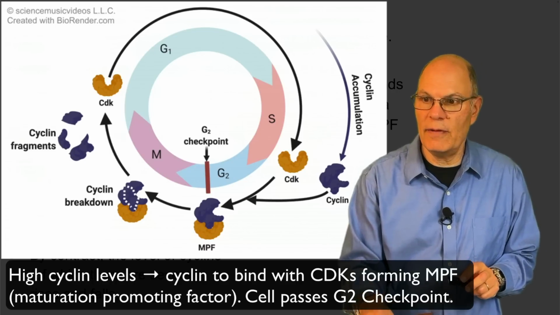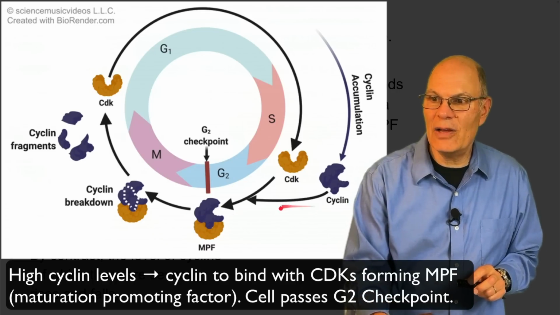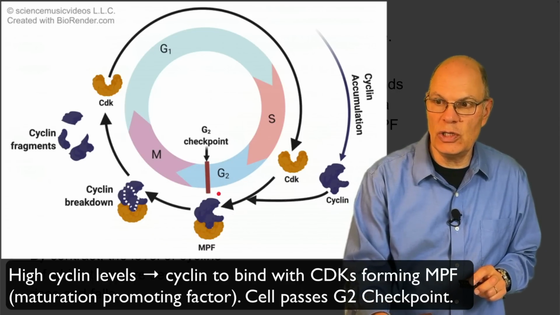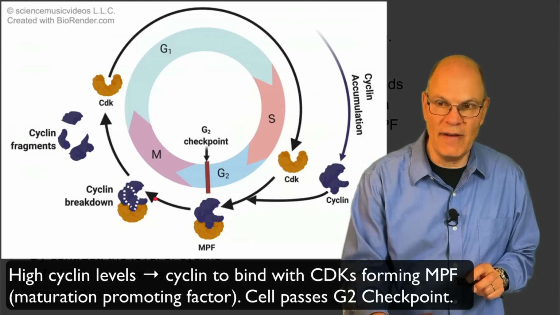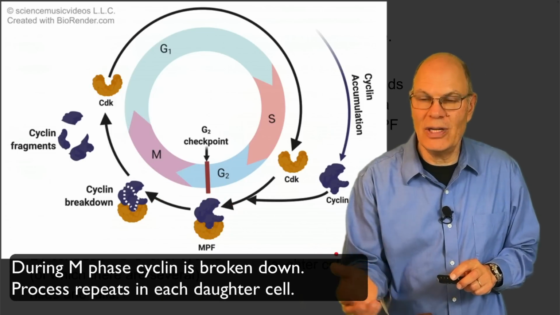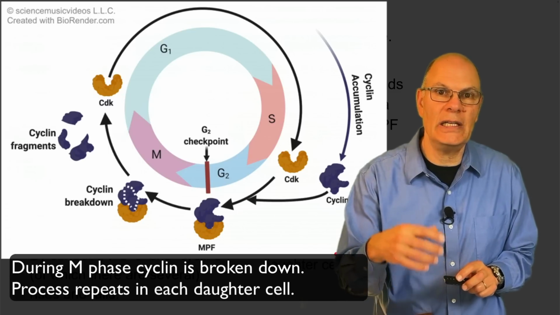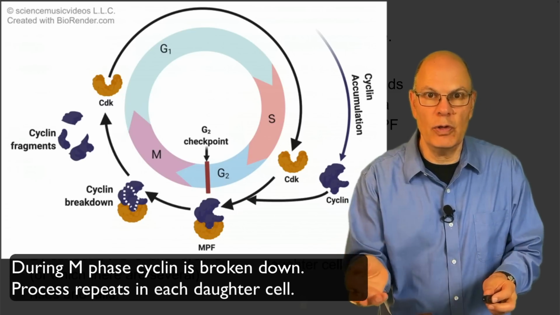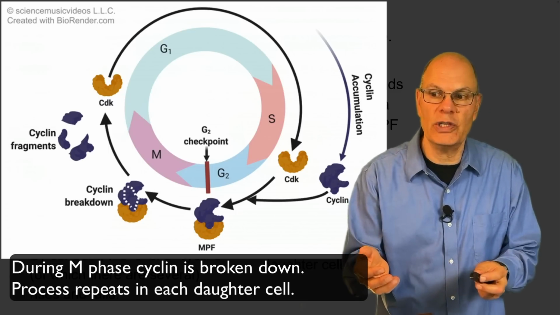Because once you have MPF, that allows the cell to pass through the G2 checkpoint and actually divide. During M phase, however, the cyclin is broken down, and that allows the process to repeat in each daughter cell when it grows to the appropriate size and gets ready for cell division.